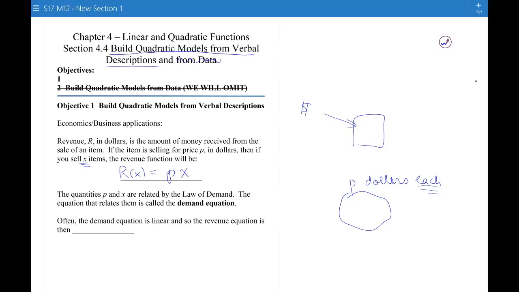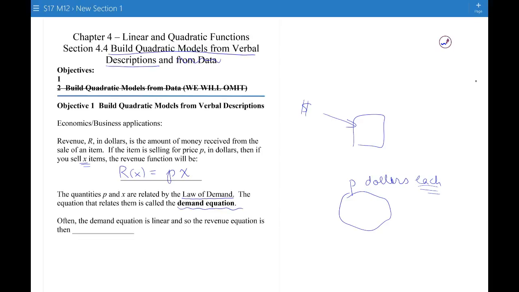So the quantities P and X are related by something called the law of demand. So if you've studied economics already, then you've heard of this, otherwise maybe not. So the equation that relates the quantities, the price, and the number you sell is called the demand equation.